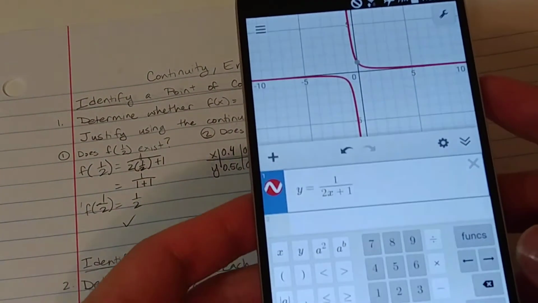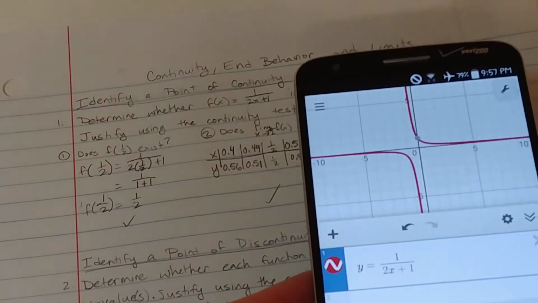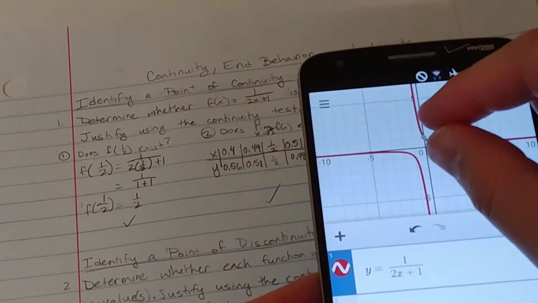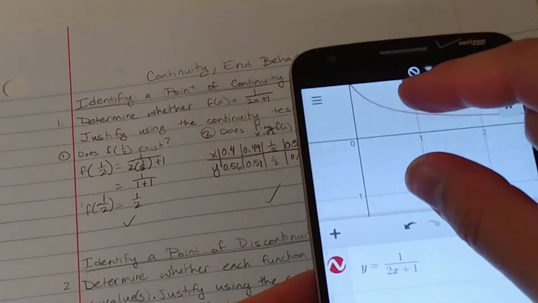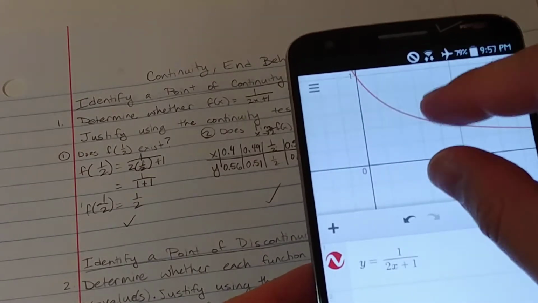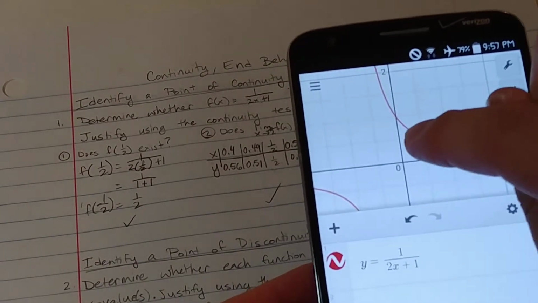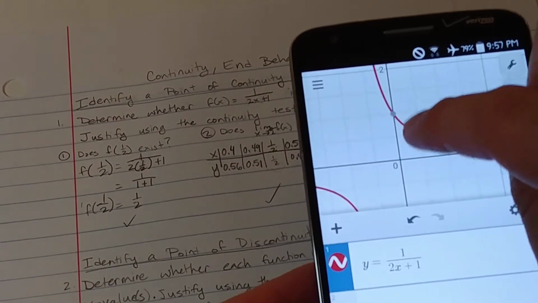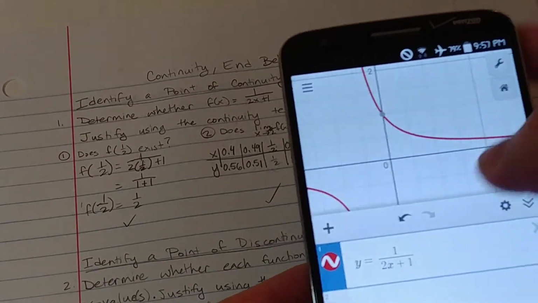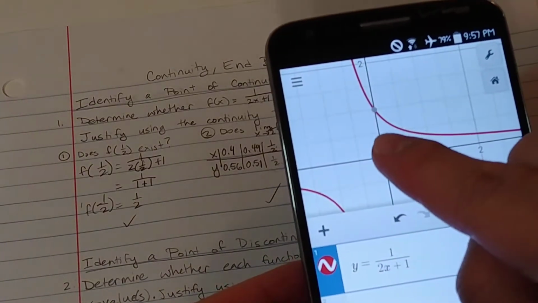There you go. y equals 1 over 2x plus 1, and we're going to look at 1/2. So let's try zooming in there. This is 2, this is 1, so this should be 1/2. So look at that. Yep, looks like it's connected, right?